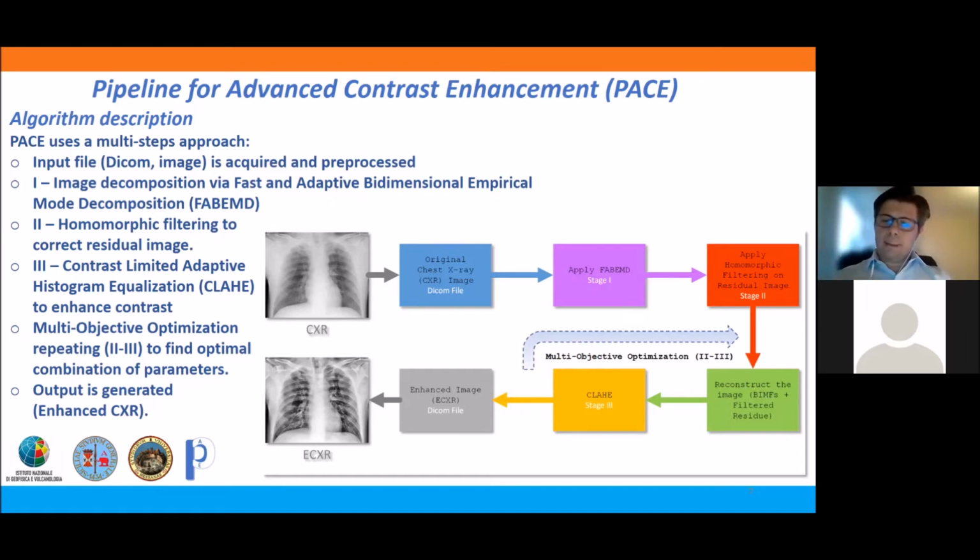And what happens next is that the result is evaluated multiple times by performing an iterative approach, which is meant to find the best combination of parameters by reiterating steps 2 and 3 of this methodology. Once we have completed this process, the best results, taking into account the metrics we have considered in the project, will be used, and an enhanced chest X-ray image will be generated.